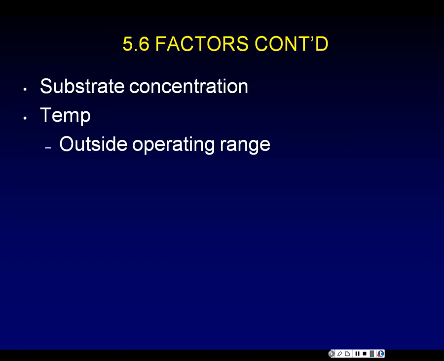But if we're right in that range where it actually operates, then the enzyme can do its job. So we're talking about factors that affect an enzyme's function. Anytime we're outside of the normal operating range, we end up denaturing the enzyme.